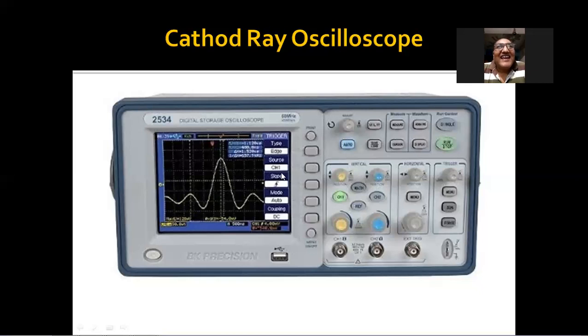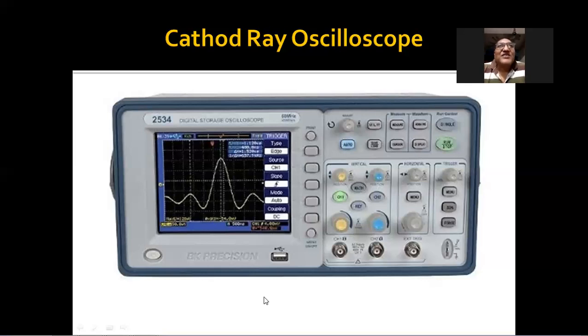On the x-axis the time is represented, on the y-axis the voltage is represented. If the patient's heart is working properly, it will be a sinusoidal wave, and if, God forbid, the patient's heart stops beating, the line becomes a straight line. And if on the ECG machine the line becomes straight, it means that the heart is not beating.